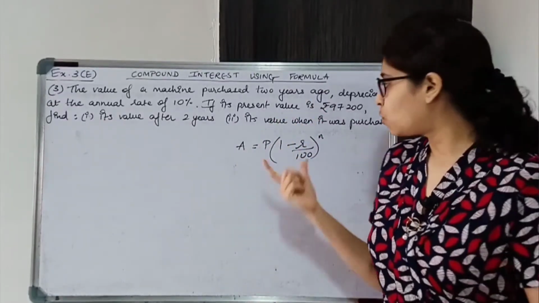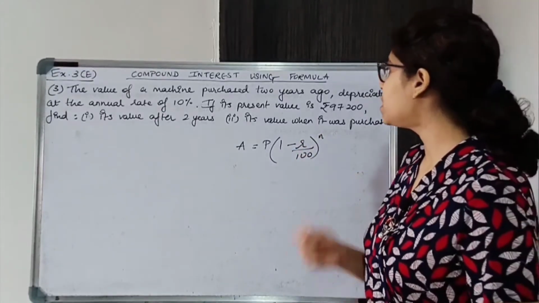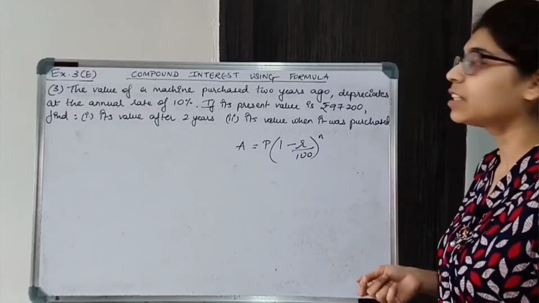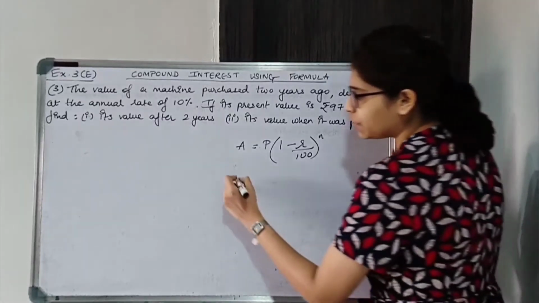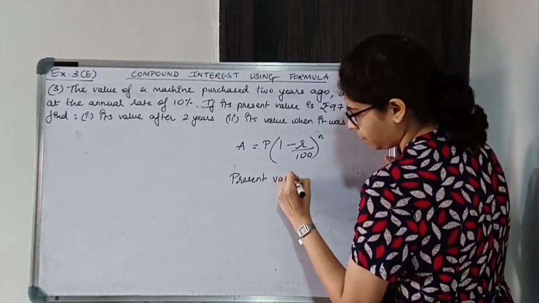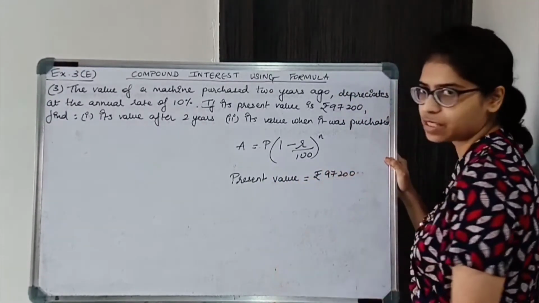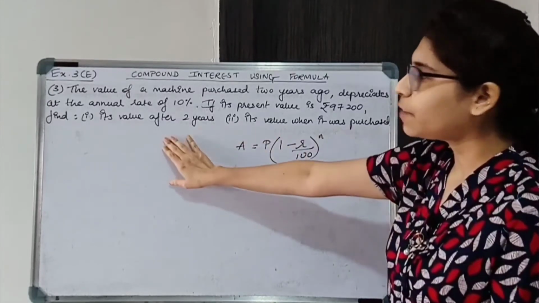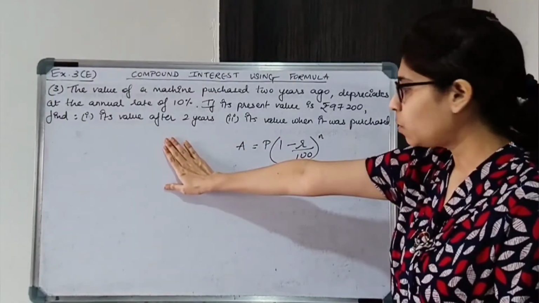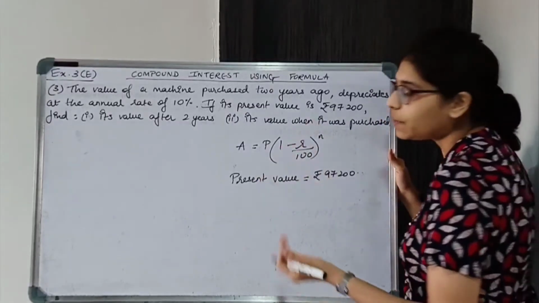Alright, so this will be the formula. Now its present value is 97,200 rupees. In the first part we have to find the value after 2 years. So the current value we know, after 2 years we need to find.